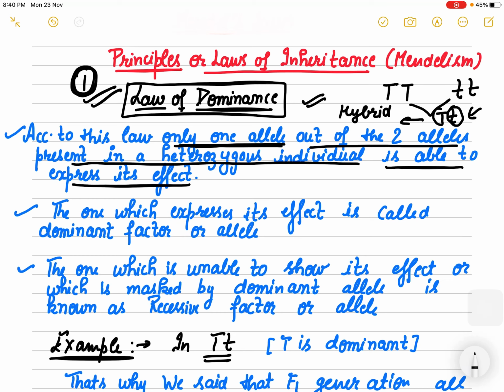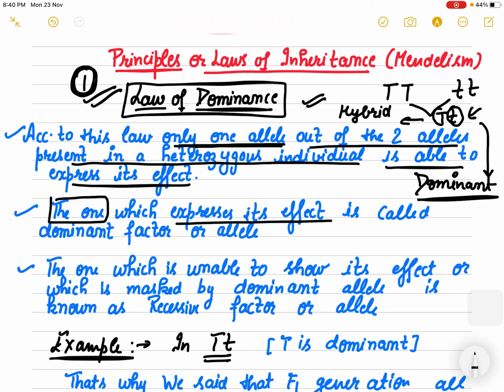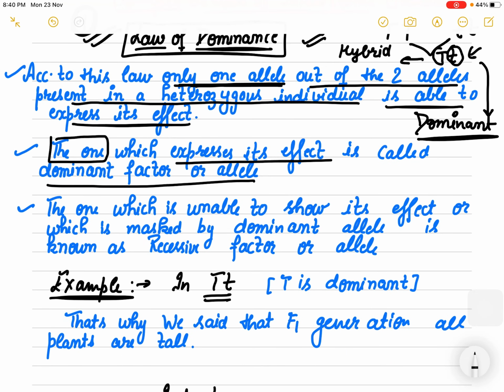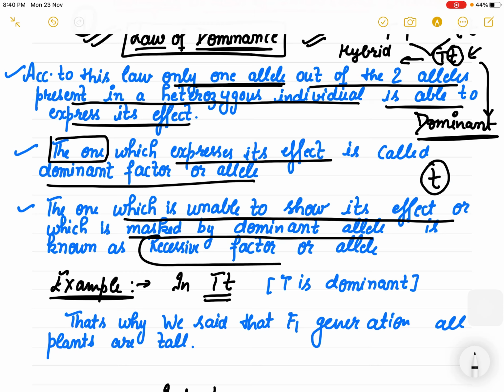heterozygous condition is there, only the allele which is dominant will be able to express itself, and that allele which is able to express its effect is called dominant allele. And the other allele which is not able to express, meaning your smaller t, is masked by the dominant allele, and you are going to call it recessive allele.